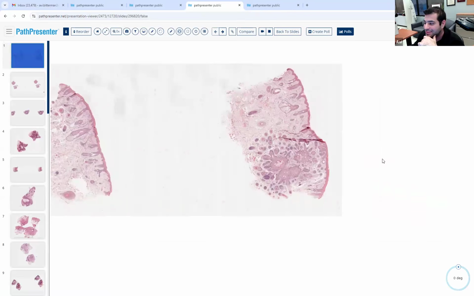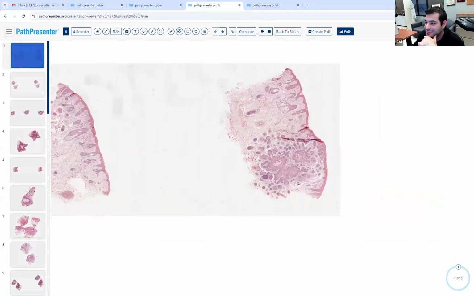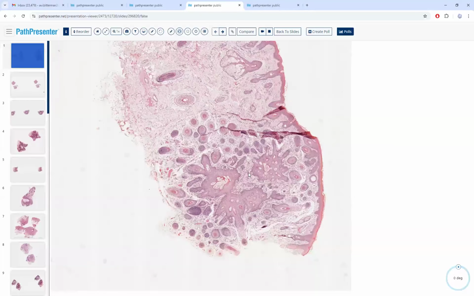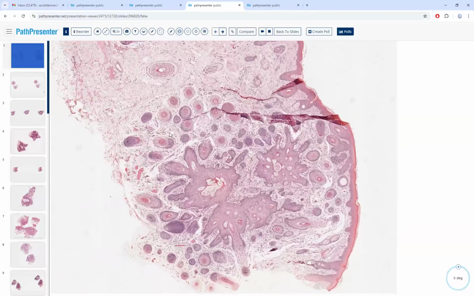What about this? So it looks like a follicular tumor. We have a lot of anagen hair follicles surrounding that central area.